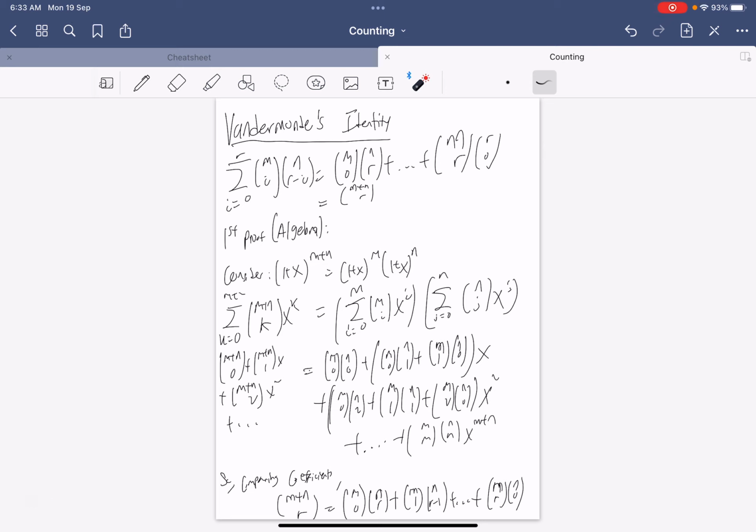Then we just need to compare the x to the power r term, and we will see that m plus n choose r is the same as m choose 0 times n choose r plus m choose 1 times n choose r minus 1, all the way to m choose r times n choose 0. So this is just the application of the binomial theorem to expand both sides and compare coefficients.